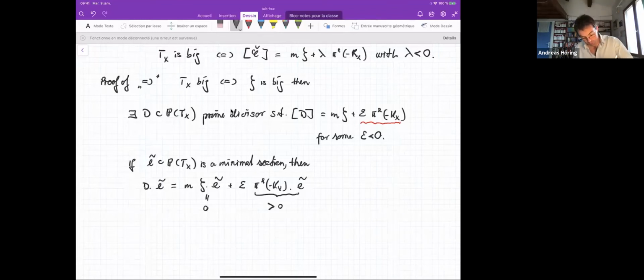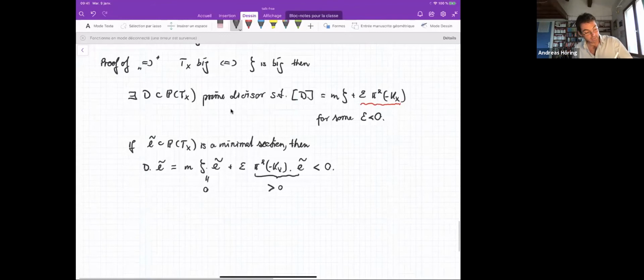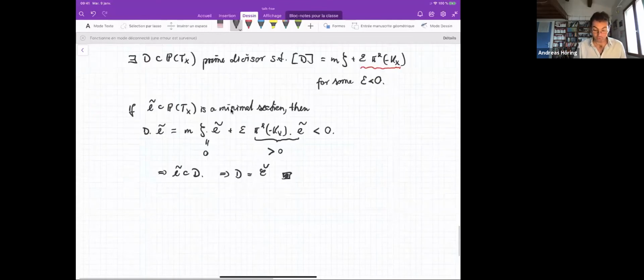So you've shown that your minimal section is contained in D. So all the minimal sections are contained in D, but this tells you that D is exactly the locus covered by minimal sections. So D is actually C-Chetch. Okay, so there you see why minimal sections are somehow the right guys to start with.